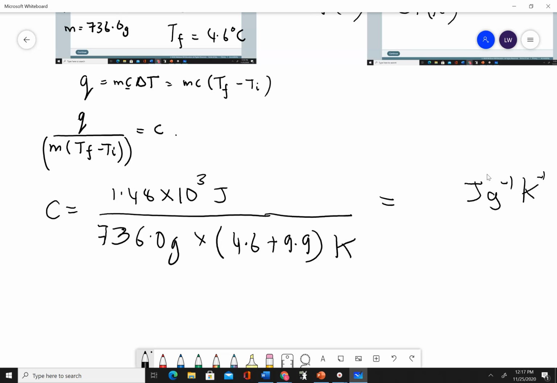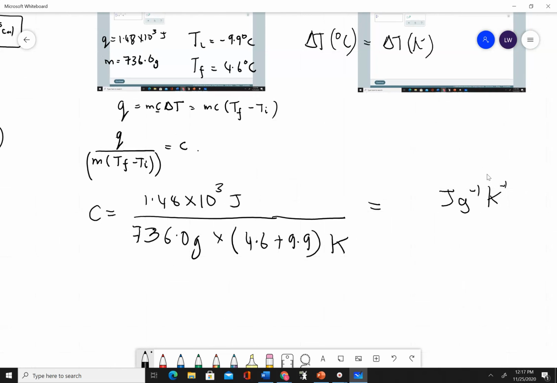And it looks like our significant figures here are going to end up being, 4.6 plus 9.9 ends up being 14.5. So that would be 3 sig figs. This number here is 4 sig figs. This number here is 3 sig figs. So it looks like we're going to end up with 3 sig figs.